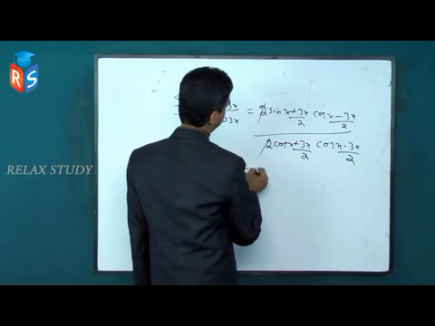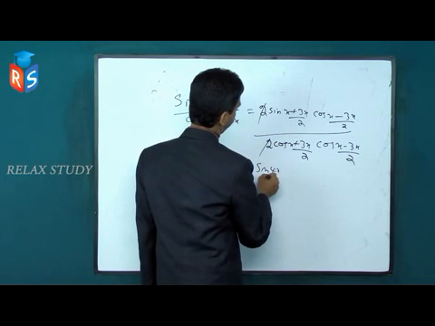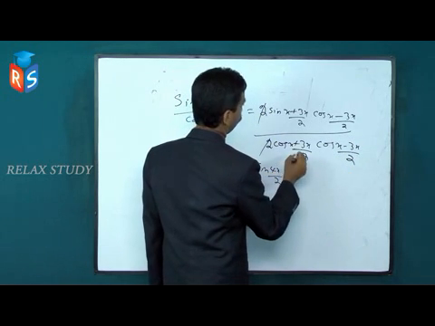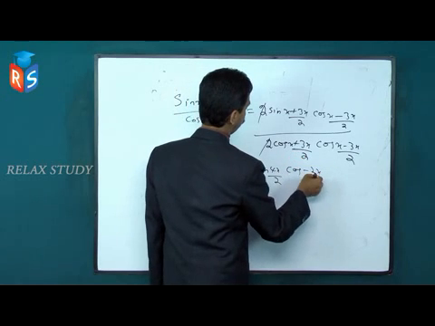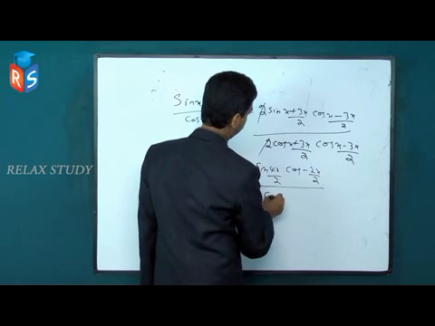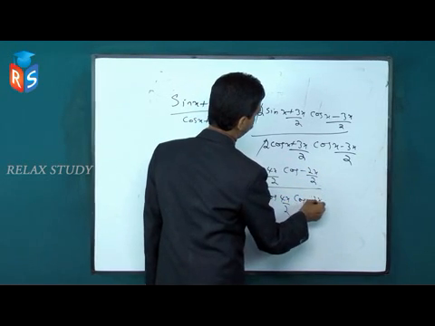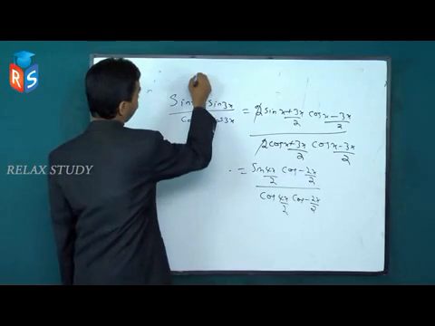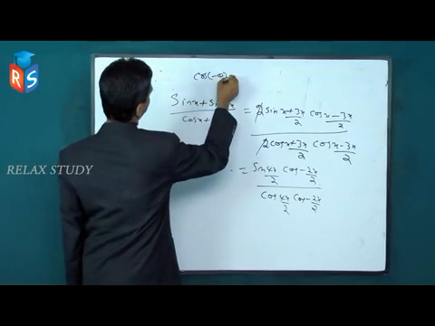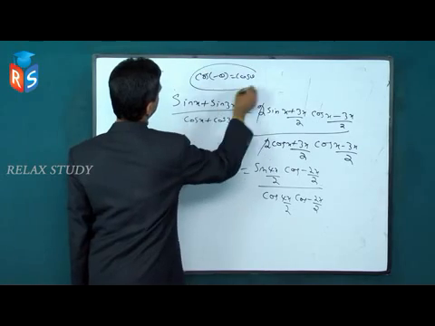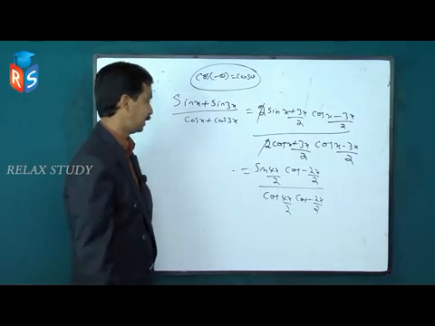So the answer is sin(4x/2) cos(−2x/2) divided by cos(4x/2) cos(−2x/2). Here is the result, cos(−θ) equals cos θ, because cos θ is an even function.